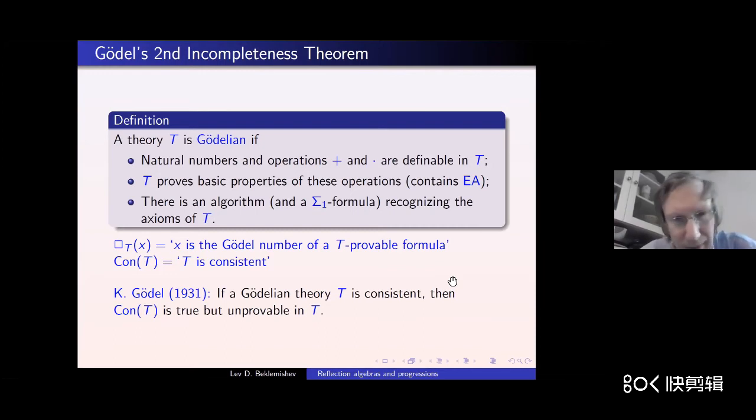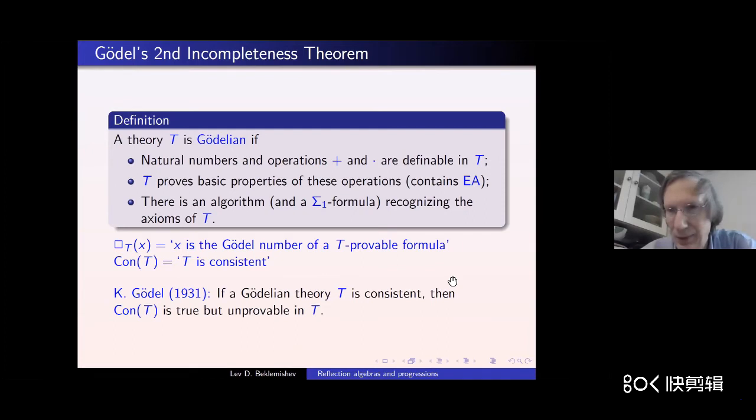And then, as Gödel has shown, given such a system, one can write out a Σ1 formula denoted box_T(x), which expresses in a natural way the property that x denotes the Gödel number of a formula provable in theory T, the so-called provability predicate.